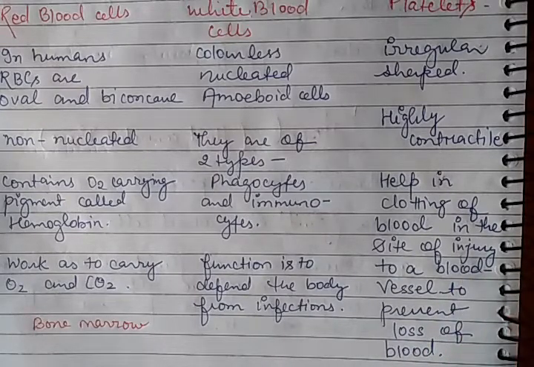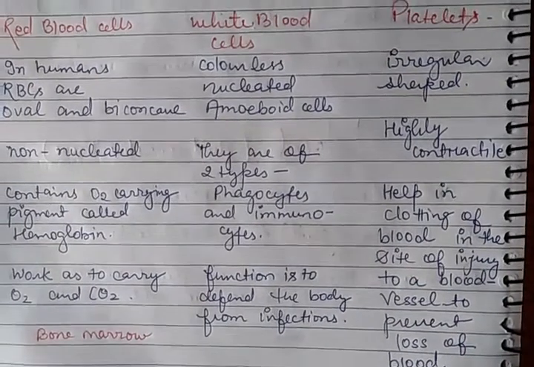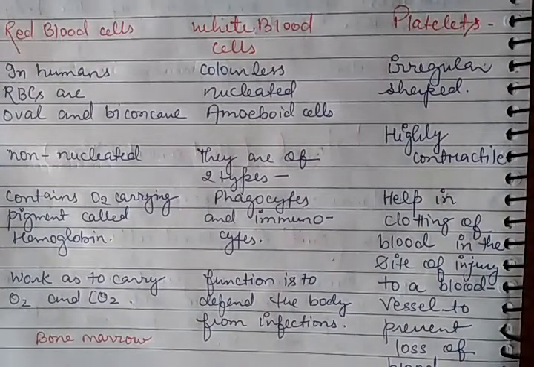The platelets come together at the site of injury, and they stick together and make a clot, make a blockage. They make a blockage and clot at the site of injury, and hence they stop the bleeding. This phenomenon is known as blood clotting. So platelets are mainly responsible for blood clotting, so that they can stop the blood loss at the time of injury.